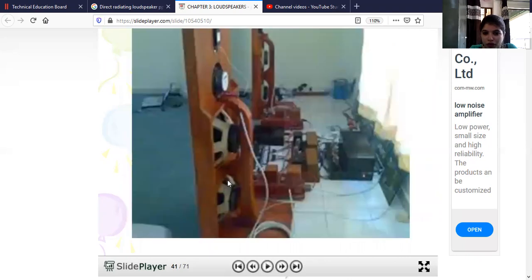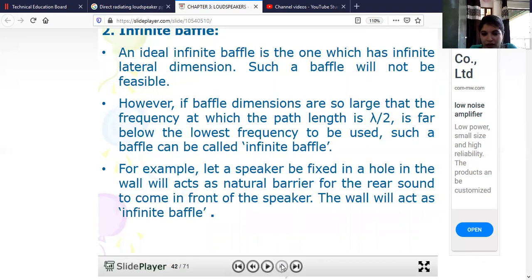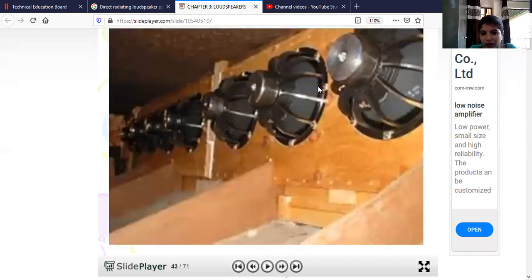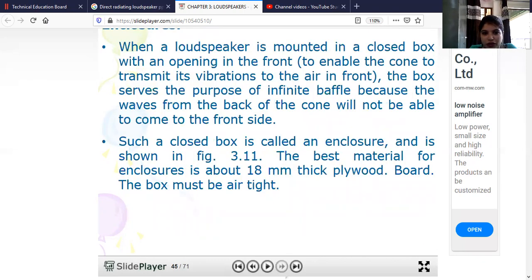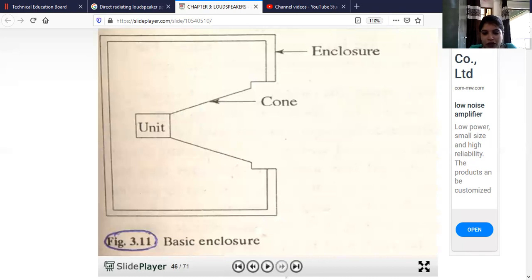So sound from the back side and from the front side come at the front, and it acts as an infinite baffle. So sound energy would be more in this. Infinite baffle is also used in cars. You can see that at the back of the back seat, these types of speakers are connected so that we could have high efficiency sound. Now this is an enclosure.